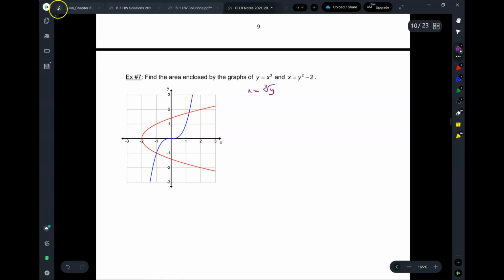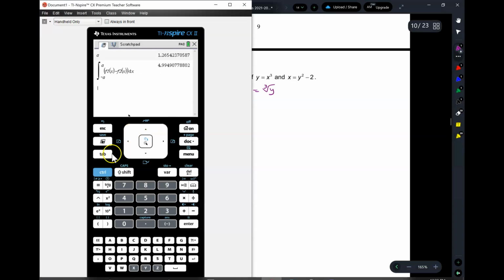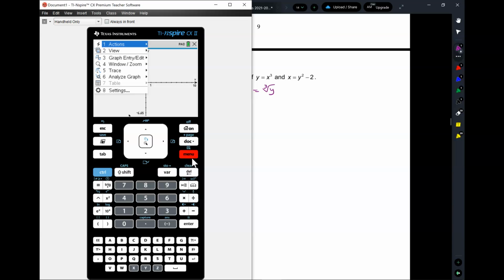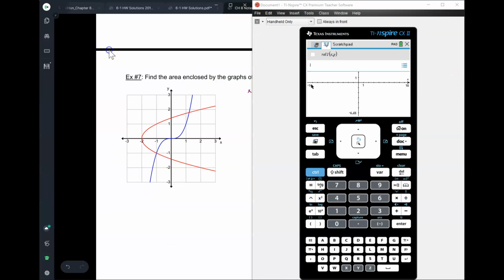Okay, let me show you how to graph this. By the way, you can graph them as relations. So let's clear all this. Menu, number 3 is graph entry, edit. You can make these relations.